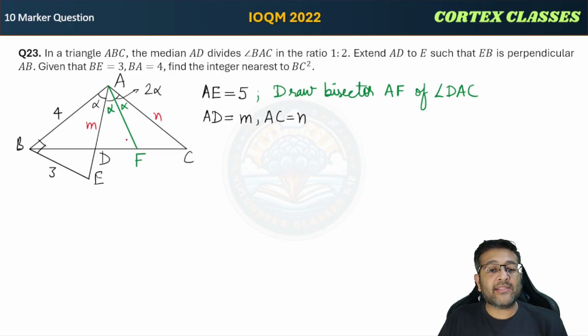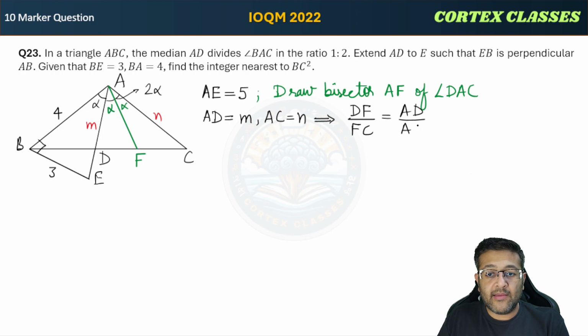That the angle bisector divides the opposite side in the same ratio as the sides containing the angle. So what do we know from here? Since it's an angle bisector, DF upon FC is equal to AD upon AC, which is m by n. We got to know this: DF is to FC is m by n, so the ratio is m ratio n. So what is going to be DF?